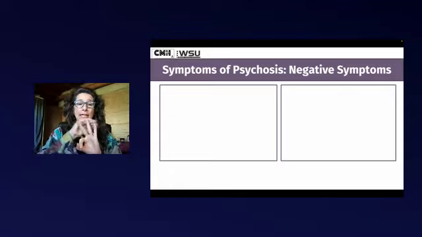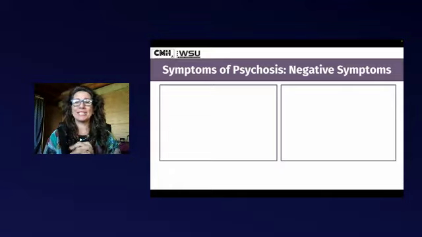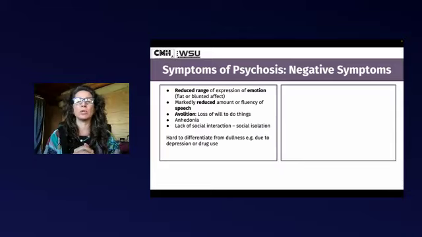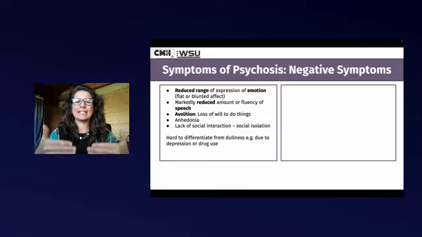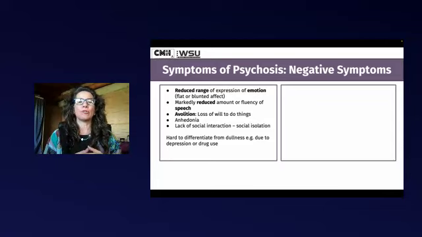So those are the three main cardinal symptoms of psychosis, but we also have to watch out for negative symptoms. Positive symptoms always add something to what somebody is doing, but negative symptoms mean there is less going on. So, for example, a reduced range of expression of emotion, or a markedly reduced amount of fluency of speech.